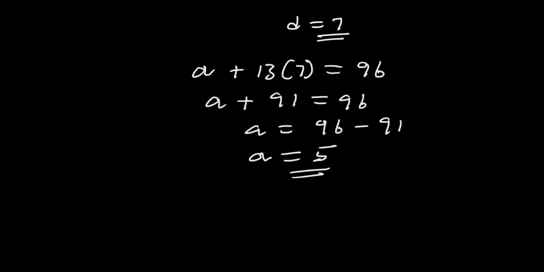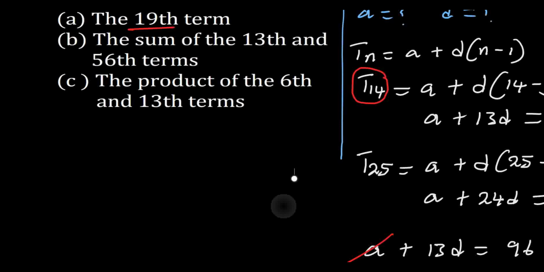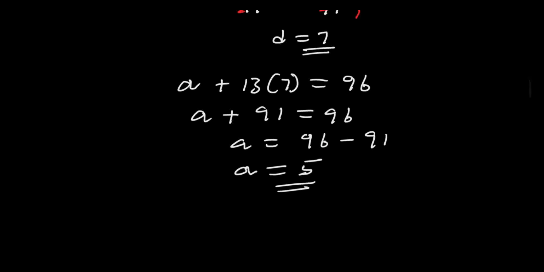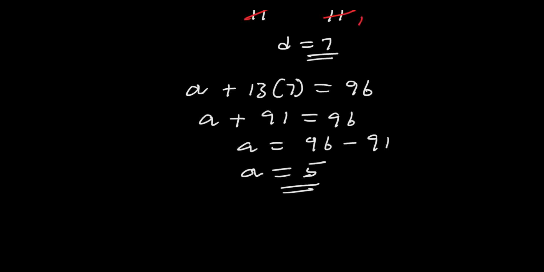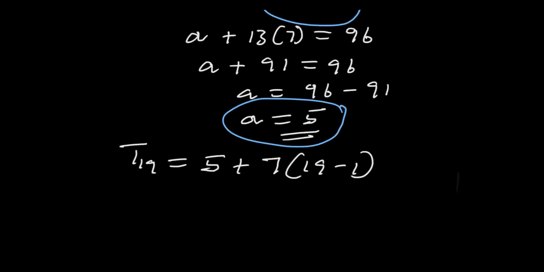Remember, we are meant to find the 19th term. We have the common difference to be 7, and the first term is 5. So T19 is equal to the first term, 5, plus the common difference, 7, times 19 minus 1.